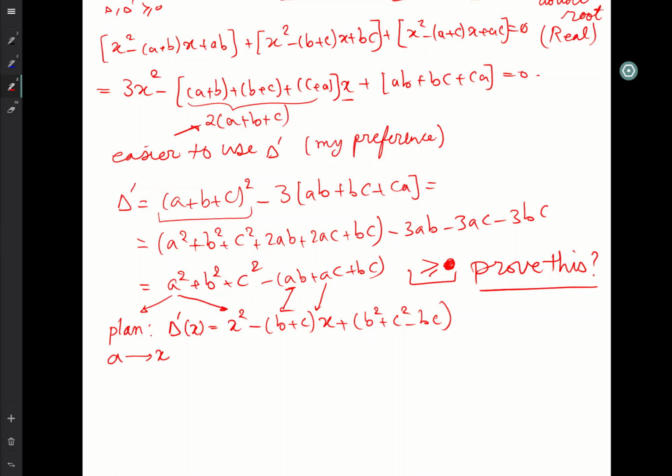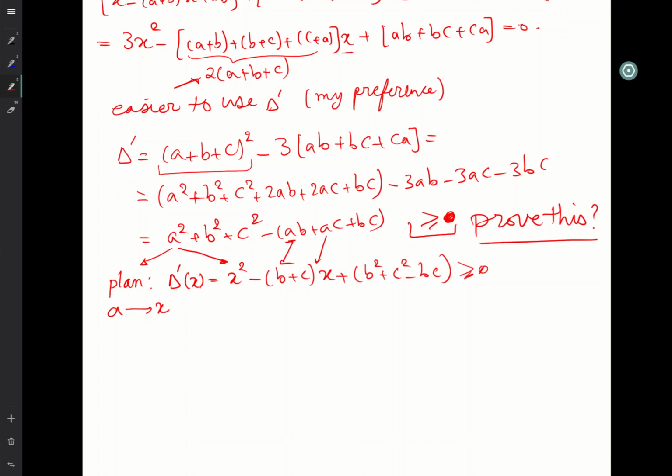The point is that if this quadratic is always positive, then if I put a back in place of x, I'm also guaranteed to be positive. So again, with another quadratic, I'm interested in the sign.